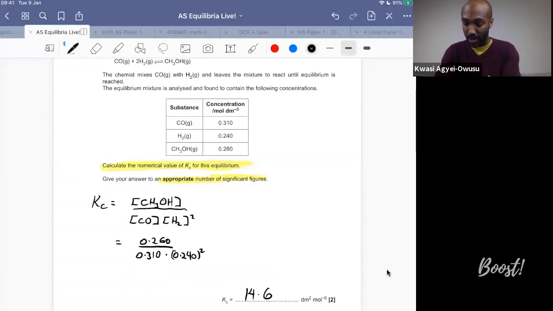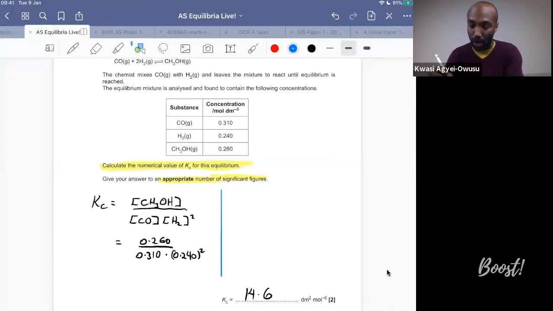Okay, so if you're wondering about the units, perhaps this would be a good opportunity to look at why the units are what they are. Sometimes you are asked to calculate the units. A handy way of working out the units is to write out the units of concentration for each term in your expression for Kc.